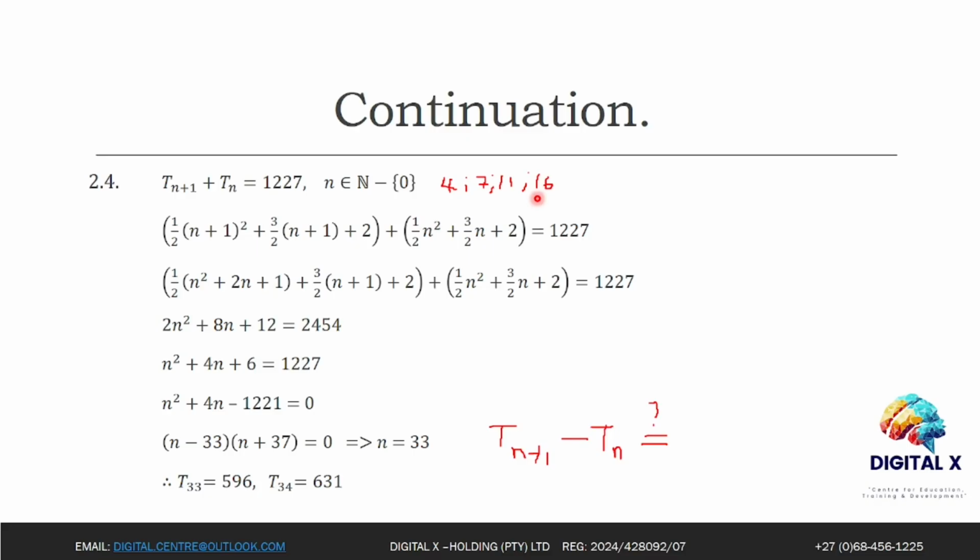What I am going to do is extend these terms with 4 more additional unknown terms, and those terms will obviously be t subscript n minus 1, t subscript n being the position of our term, t subscript n plus 1, and the last term would obviously be t subscript n plus 2.